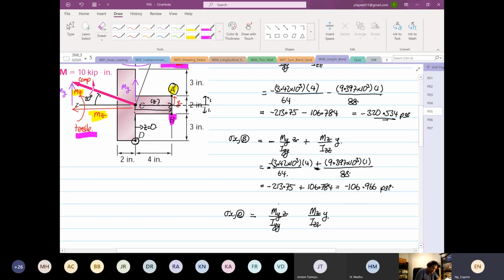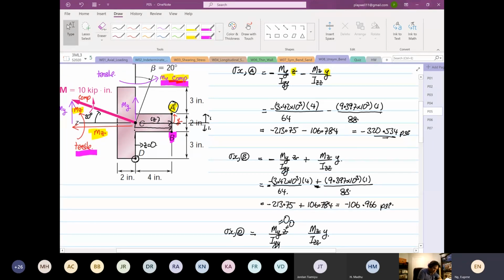So for this case, this term will be equal to 0, because z is equal to 0. So mz in terms of y is going to be tensile, so this is going to be positive. We are looking at point D. Mz is going to induce tensile.